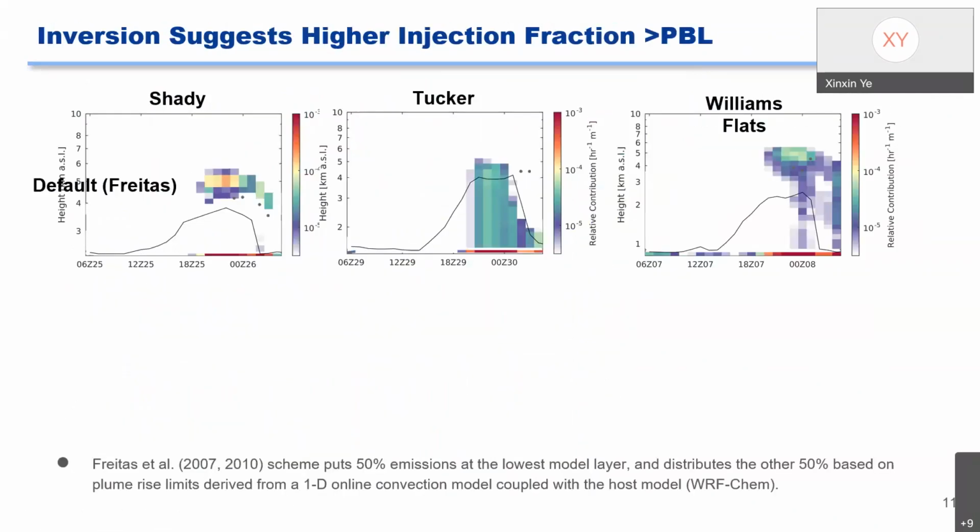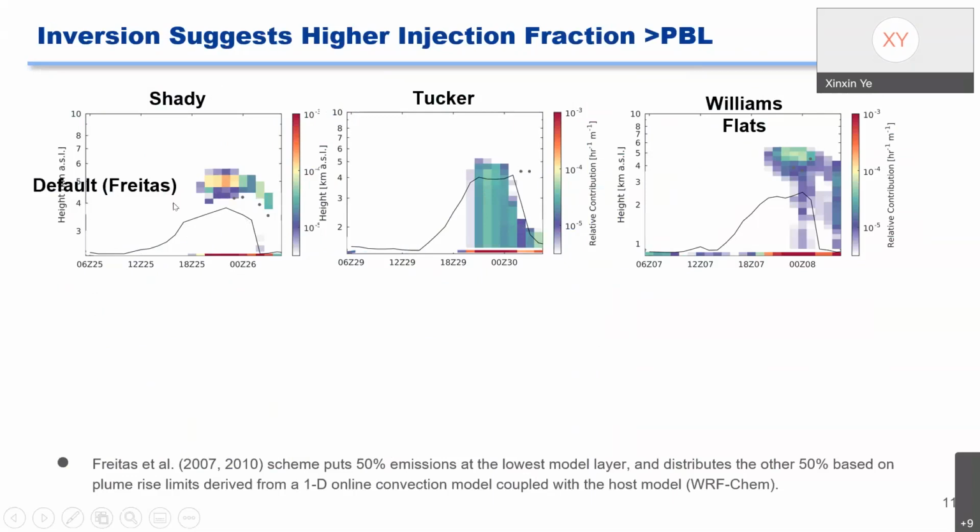And after the inversion, we are going to constrain the vertical distribution of the emissions. Firstly, let's take a look at the default result of the WRF-CAM model. These three panels show the default distribution of the WRF-CAM model.